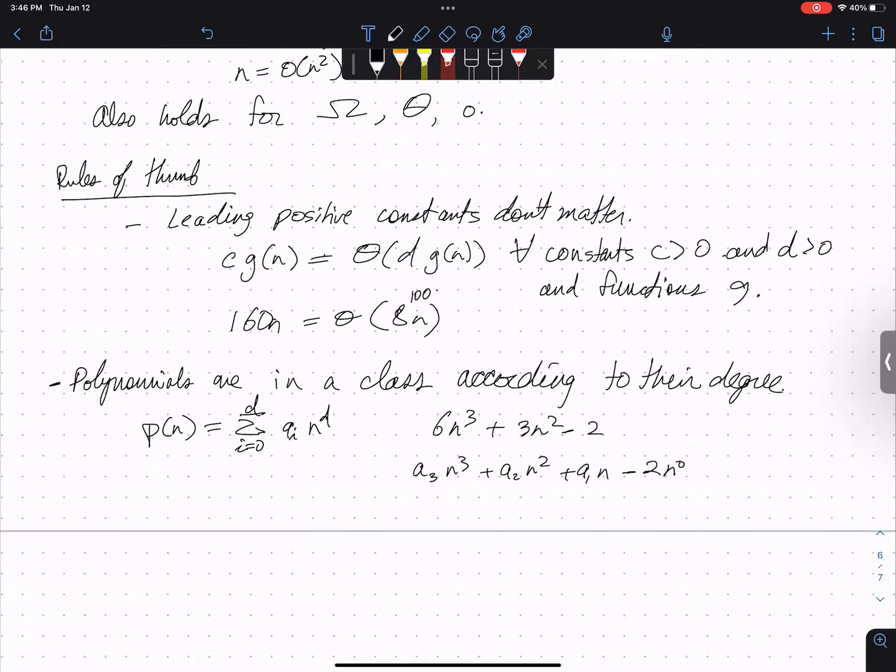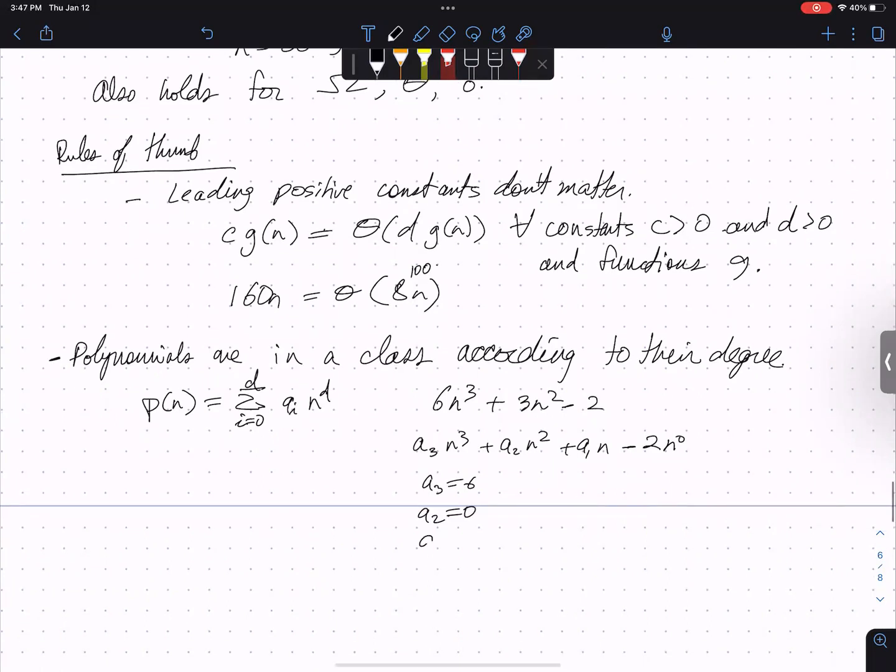Here, a3 equals 6, a2 equals 3, a1 equals 0, and a0 equals negative 2. The degree of this polynomial is 3.